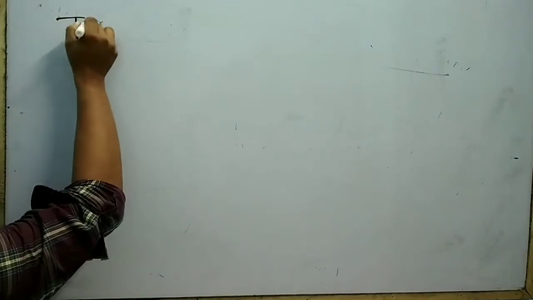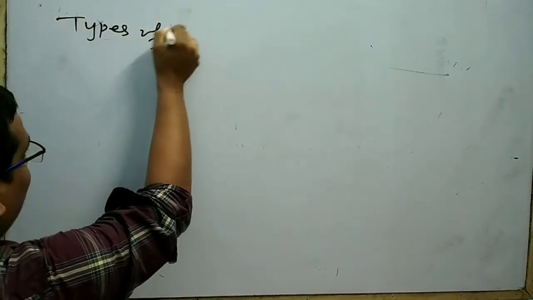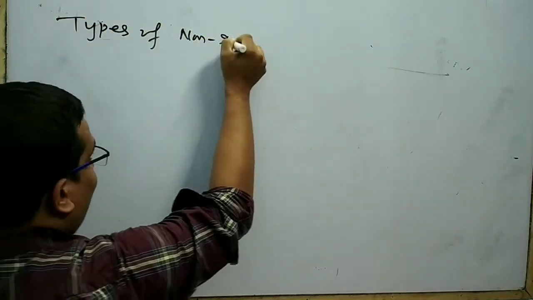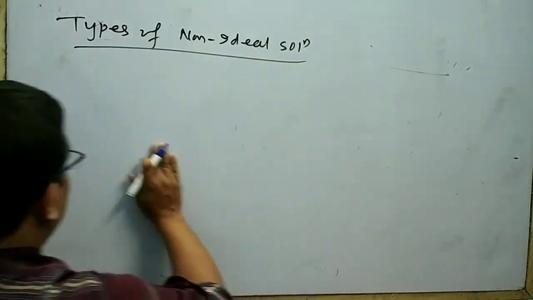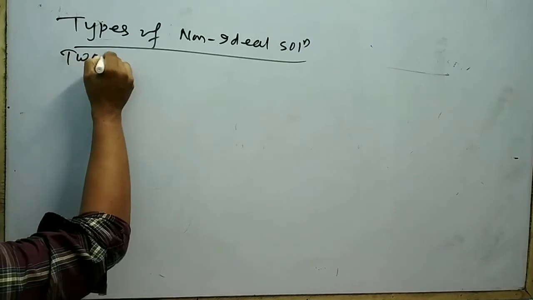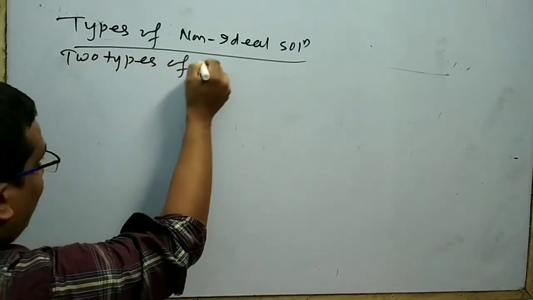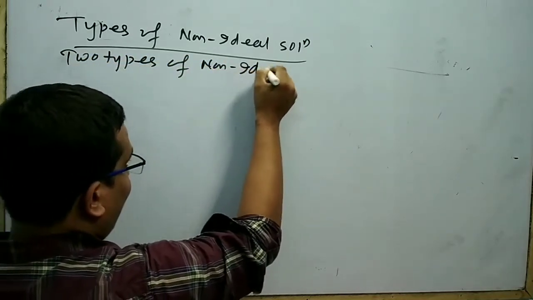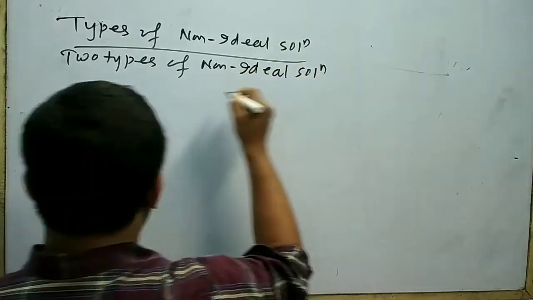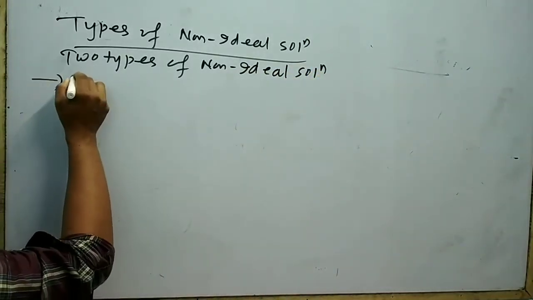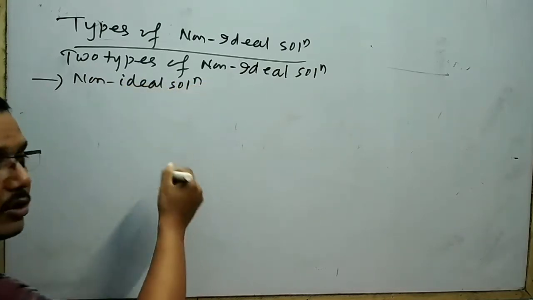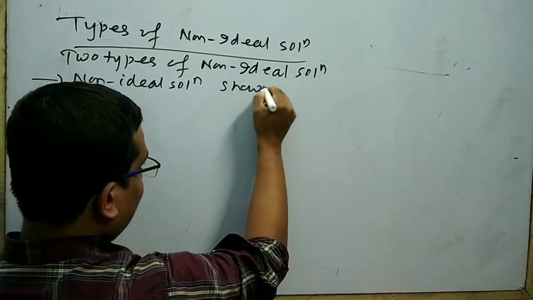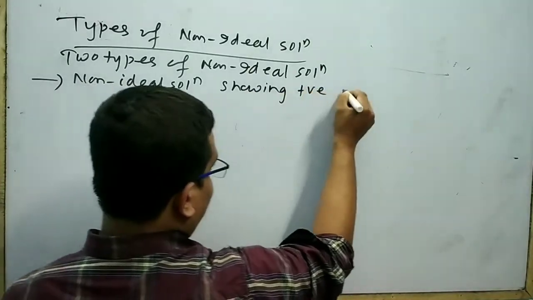Next I will explain about the types of non-ideal solution. There are two types of non-ideal solution. Number one is your non-ideal solution showing positive deviation.